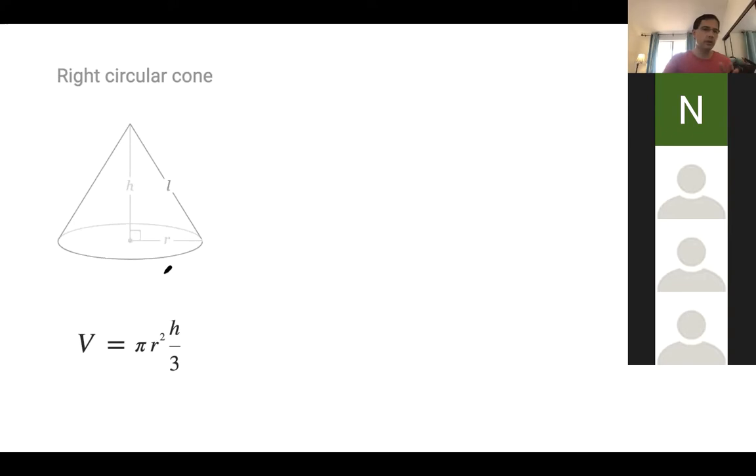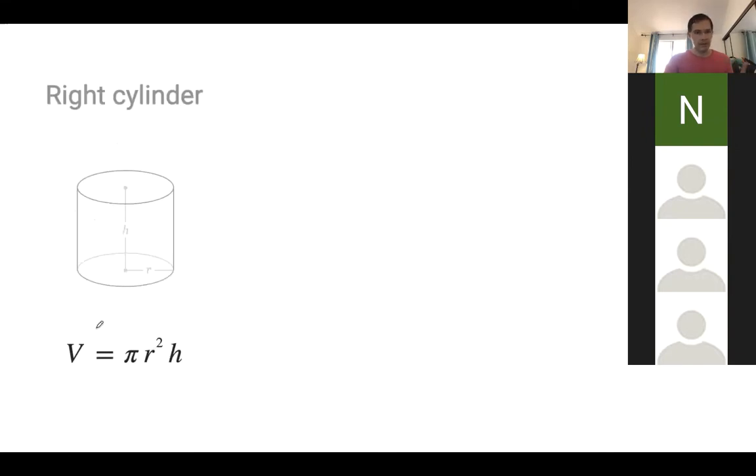And this is a rectangle, so, excuse me, this is a cone. So base of this cone is a circle, and this has some height H, and the side length is L, and this is the radius of the base. That's how we can compute the volume of a right cone.